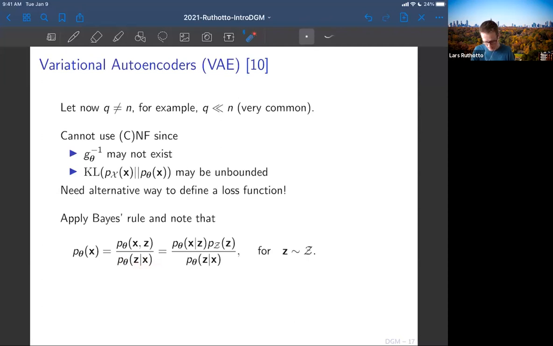The first term here is a joint distribution. I can expand it by using the chain rule. So I can write this as p_Z of Z. That is a nice guy. Let's just think about evaluating a Gaussian density. And then this term here is how likely is X given Z?